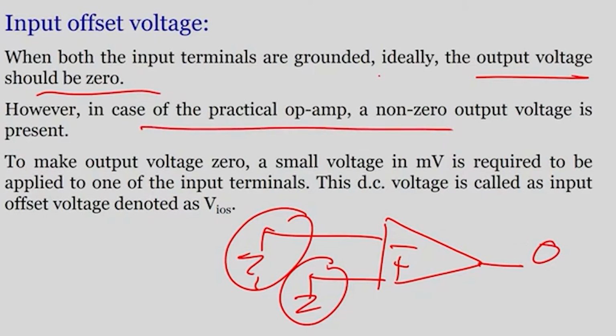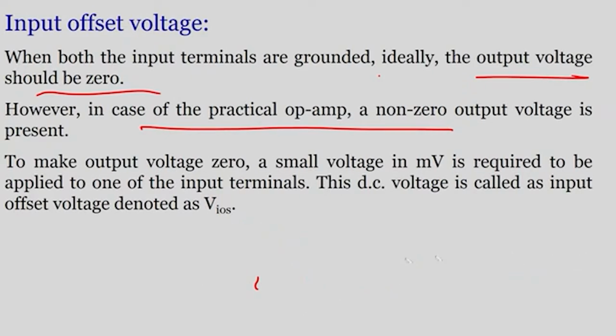in case of practical operational amplifier, a non-zero output voltage is present, and to make this output voltage 0, a small voltage in millivolts is required to be applied to one of the input terminals.